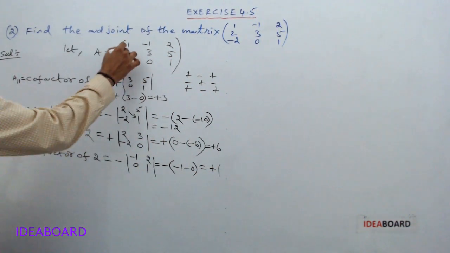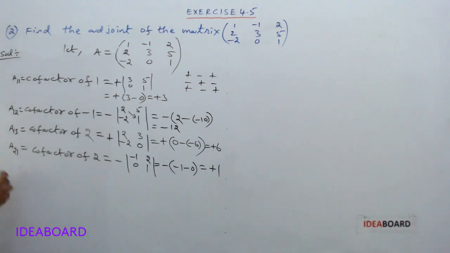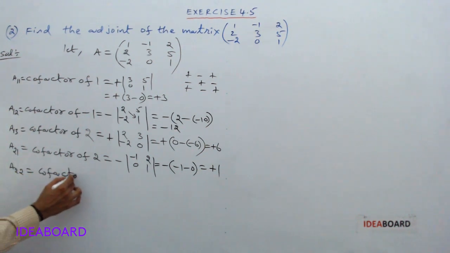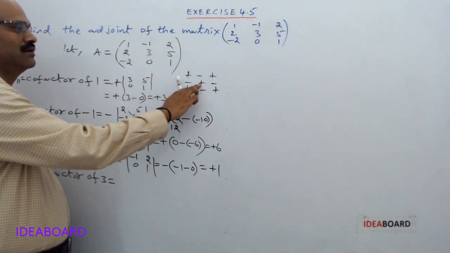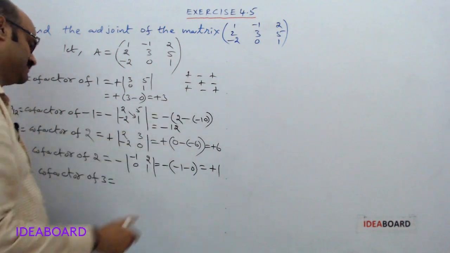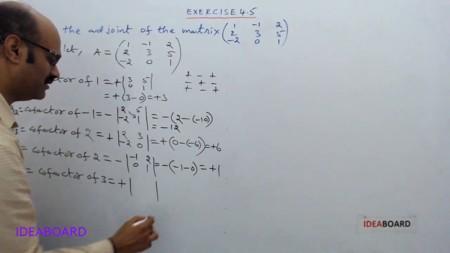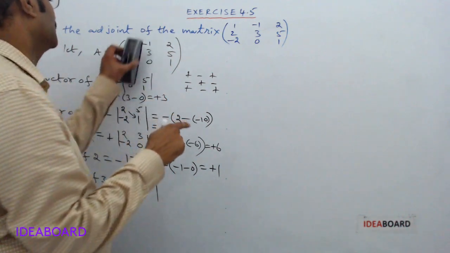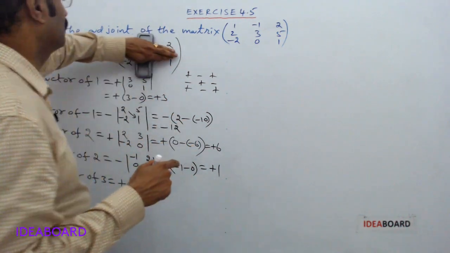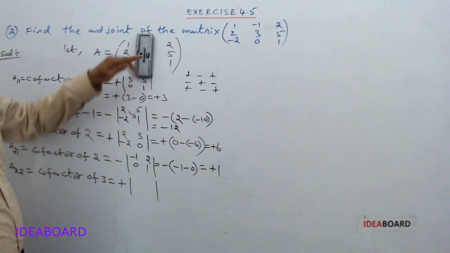Next, cofactor of 3, A22, equal to, we are having the sign here plus, plus determinant of, 3 lies in second column and second row. Close the second column and second row.